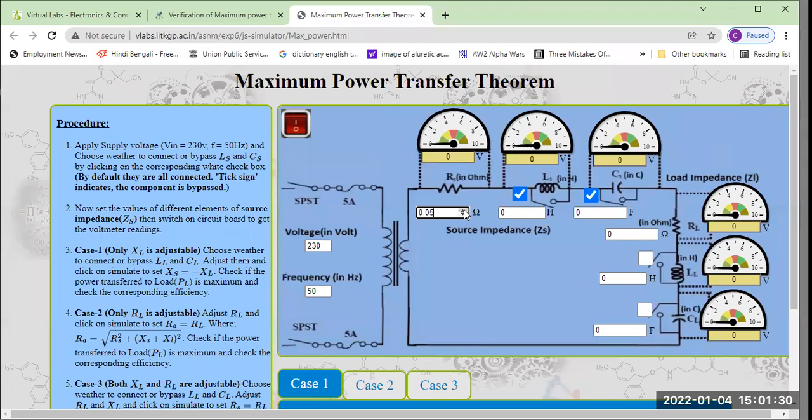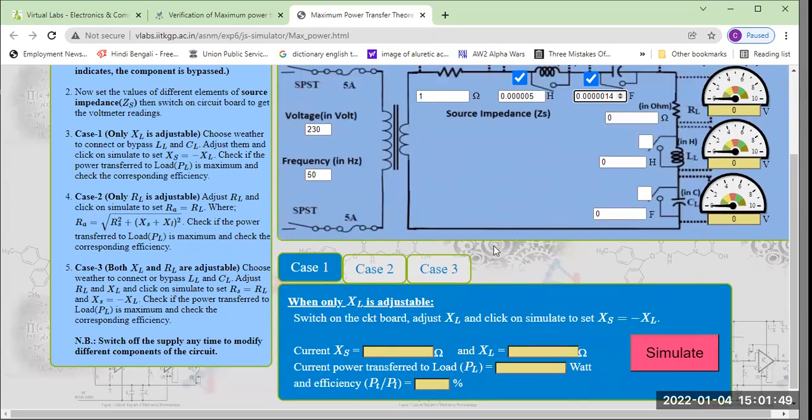Just you have to set. So just you can abruptly set, just one. This is 5. This is also very less. Yes, this is okay. You can get this.